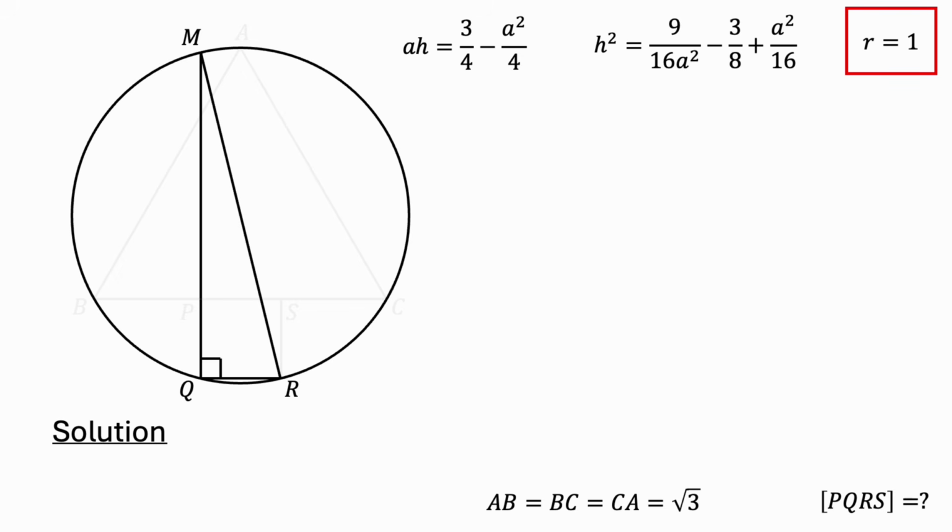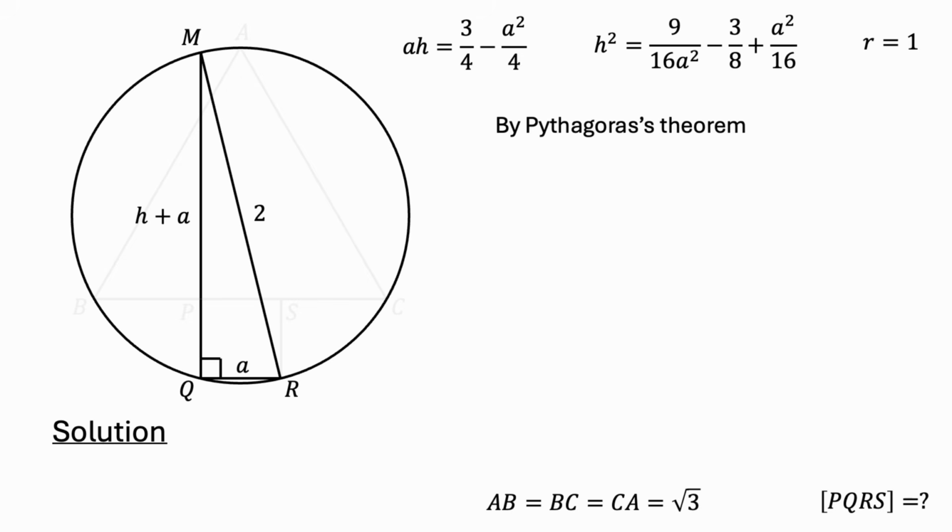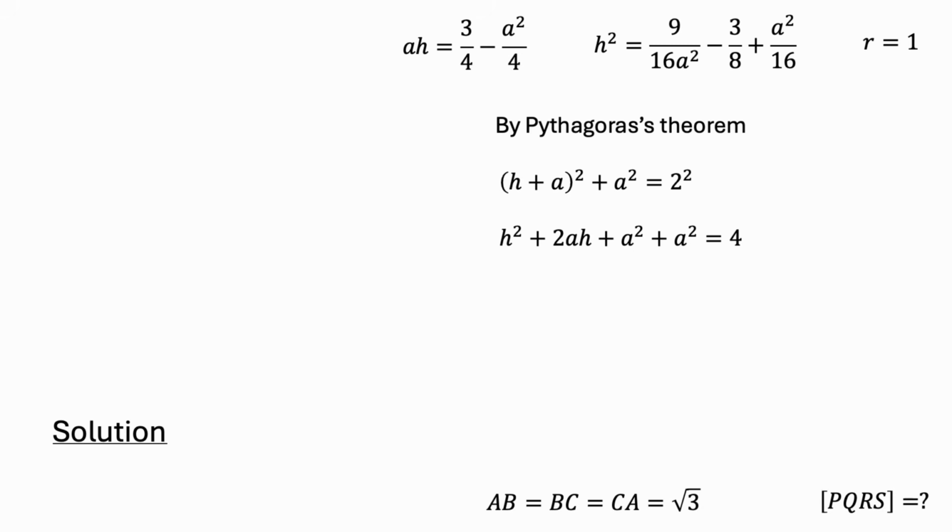Since the radius equals 1 unit, the length of MR equals 2 units, while the length of MQ equals h plus a units, and the length of QR equals a units. Then by Pythagoras theorem, we have h plus a whole squared plus a squared equals 2 squared. Expanding the brackets gives us h squared plus 2ah plus a squared equals 4.